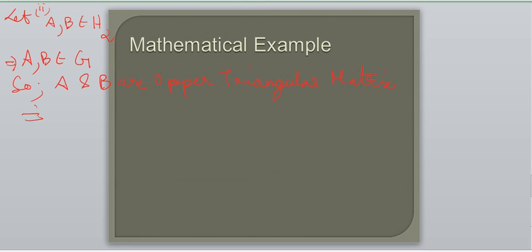That implies what I can write over here is B inverse, which is also invertible, and it is an upper triangular matrix.